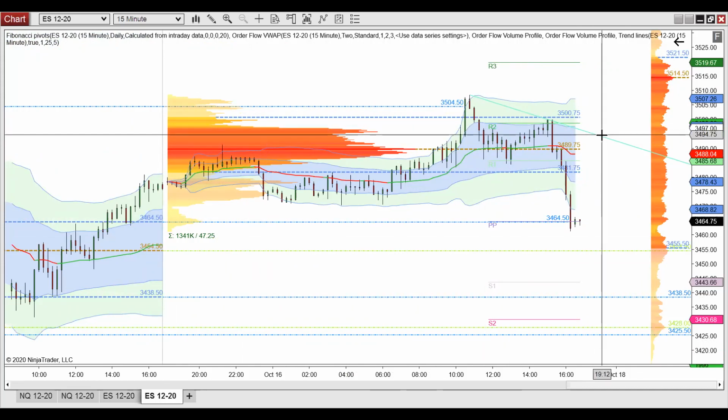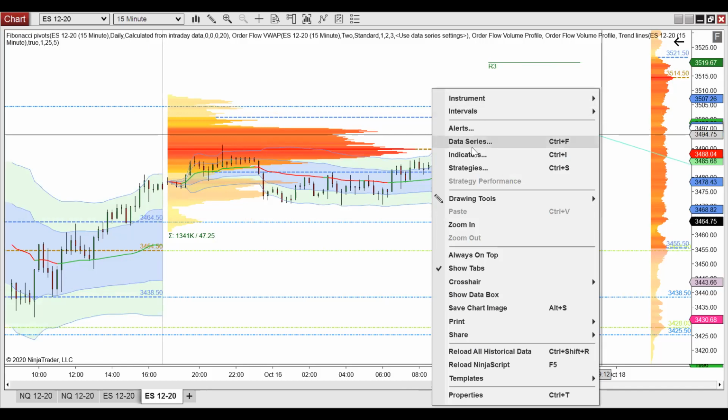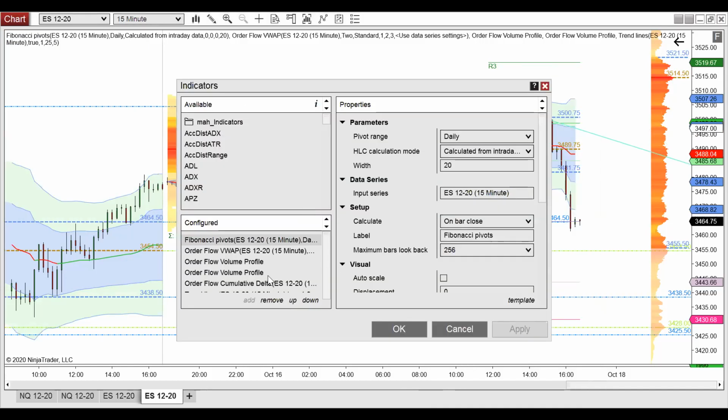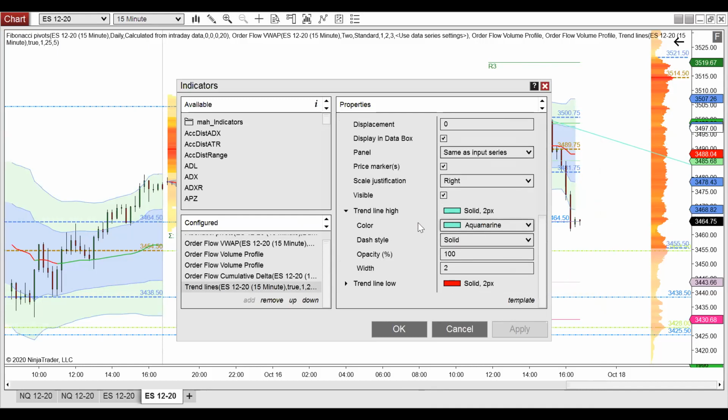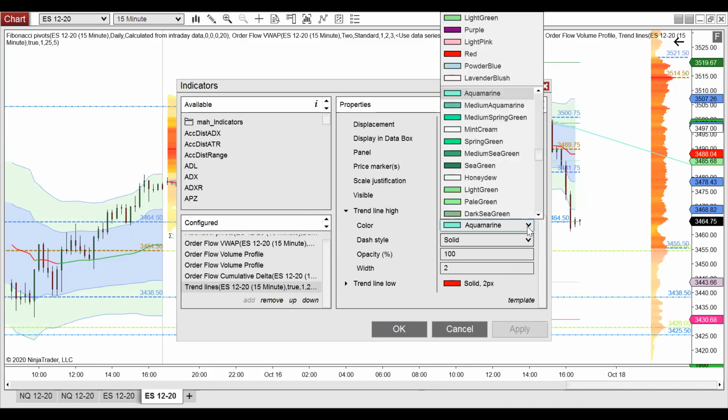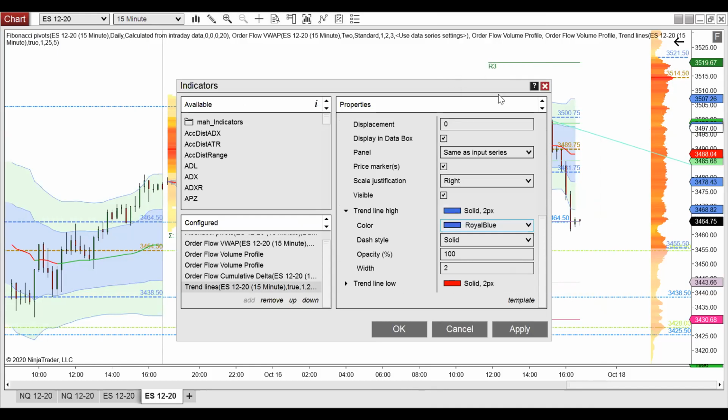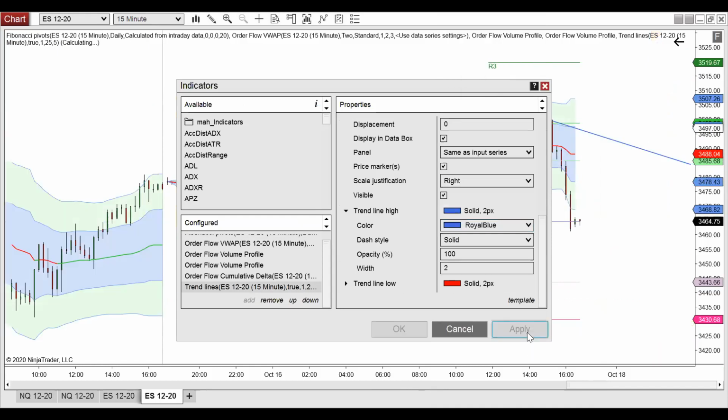So this is a trend line. You need to change the indicator color so we can see better. Let's make it dark blue or something. Right now it's in aquamarine and I can barely see it. So we just make it a darker color, dark cyan or something, darker blue, royal blue. There.